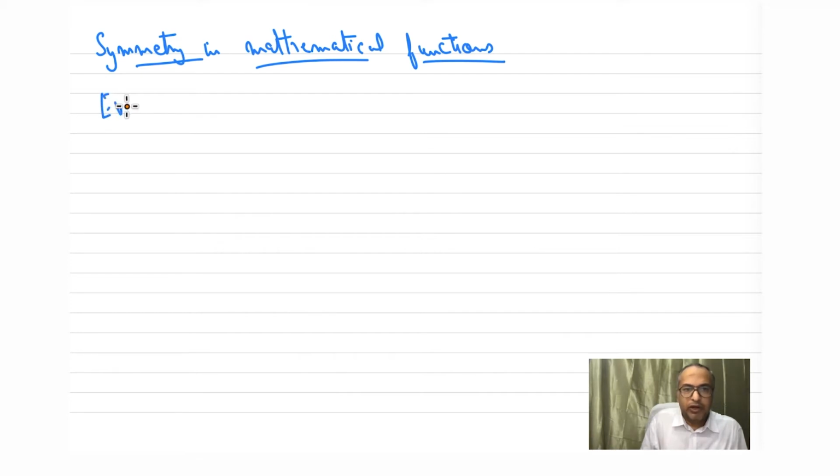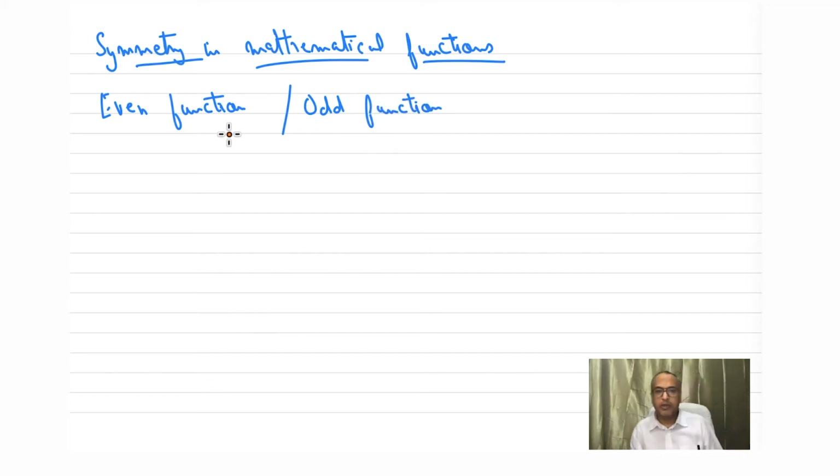We are well aware of what is an even function and what is an odd function, right? So we'll be using this concept of even function and odd function to be able to comment about symmetry in wave functions and operators, which are mathematical functions.